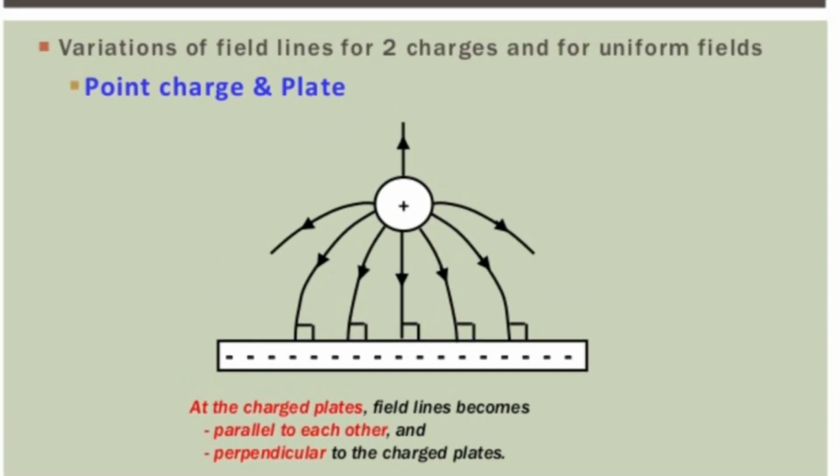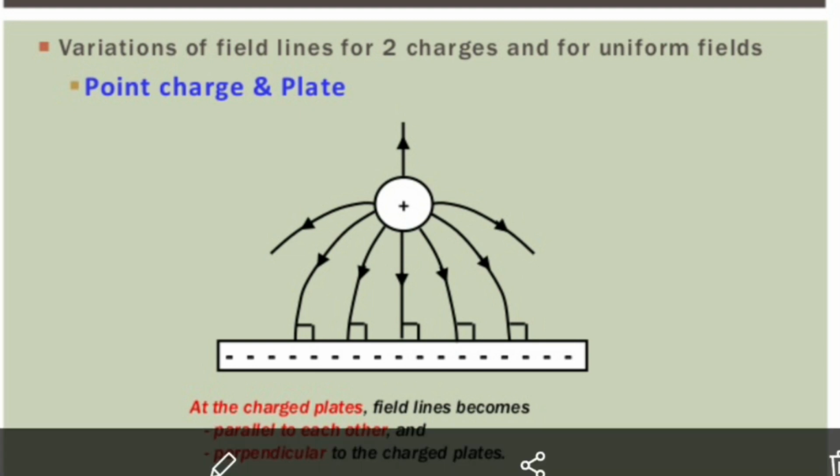Field lines will be curved like this, because on the surface of the metallic plate, the field line should be normal. When they reach the metallic plate, the field line should be normal, and that angle will be 90 degrees. Like that we have to draw.